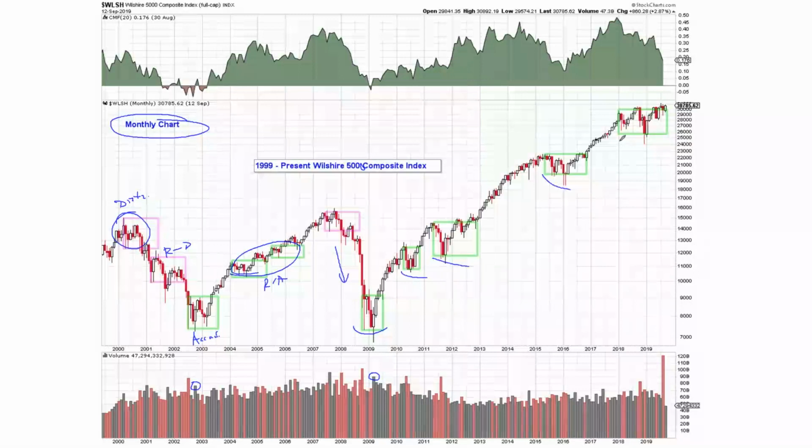These are all associated with events, but it's more just that the market goes from a trending to a non-trending environment. And now, most recently, we're in this consolidation period that started in early 2018, which is the last one.